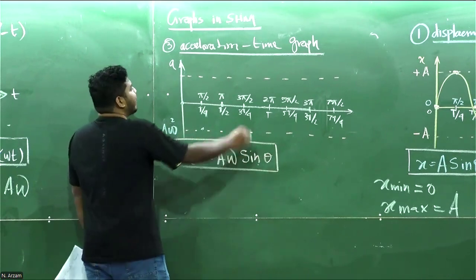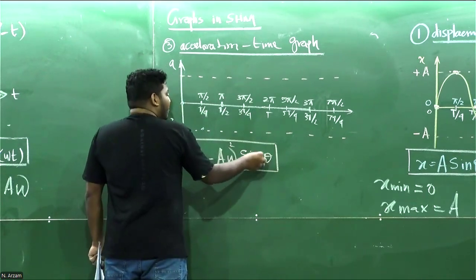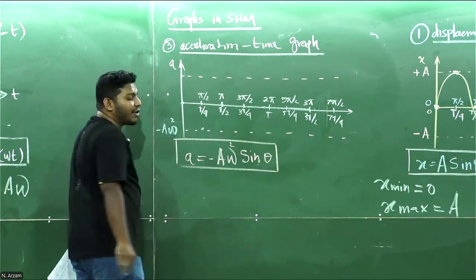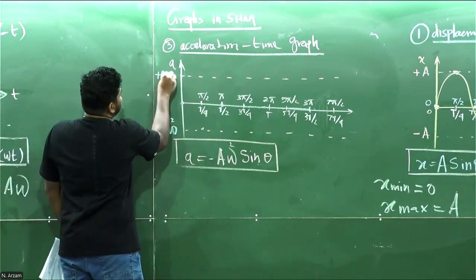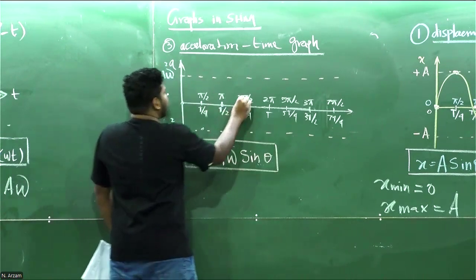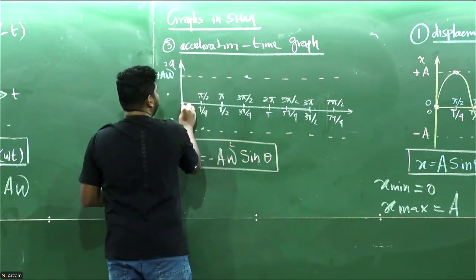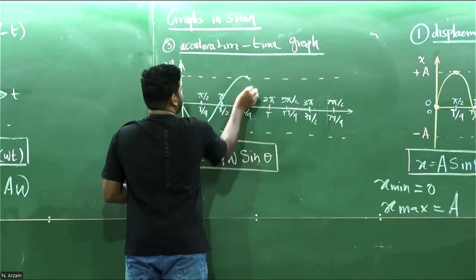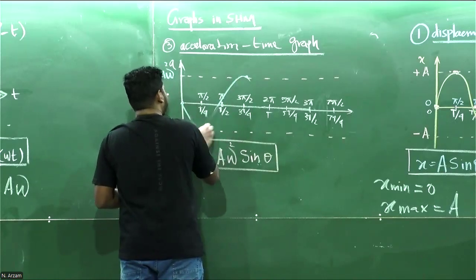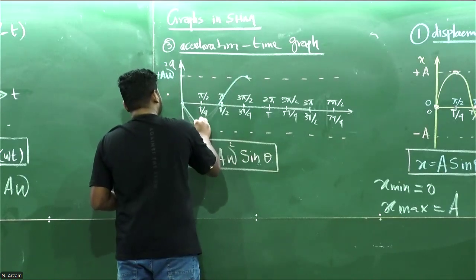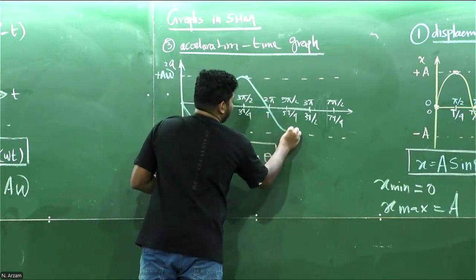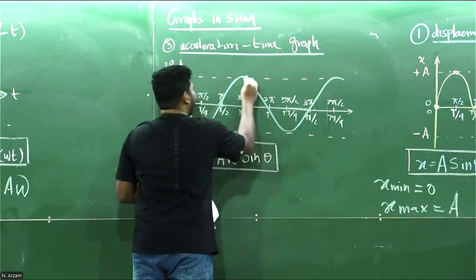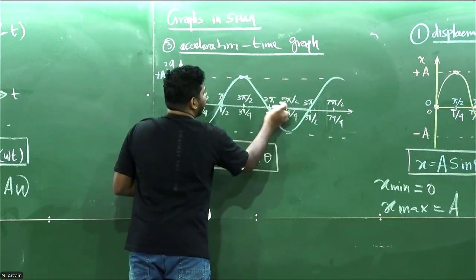Sine 3 pi by 2 is equal to minus 1. Minus 1 into minus A omega square is equal to plus A omega square. So you can draw like this. Okay, right. So we can plot the graph.